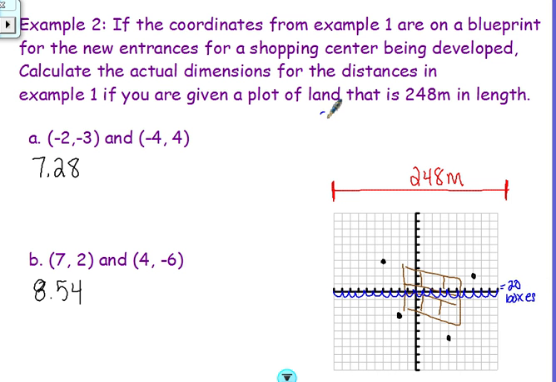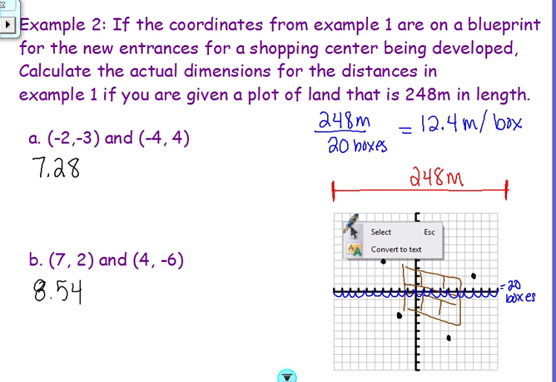If we take our 248 meters and we divide it by 20 boxes, 248 divided by 20 gives us a scale of 12.4 meters per box. So for each box on this grid, it's 12.4 meters. So the distance from -2, -3 to -4, 4 was 7.28 units, or boxes.